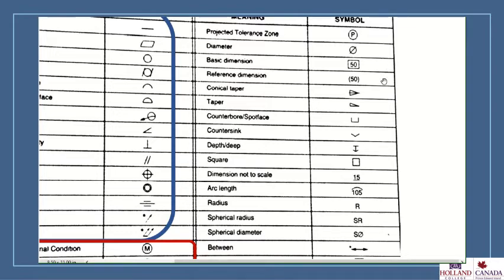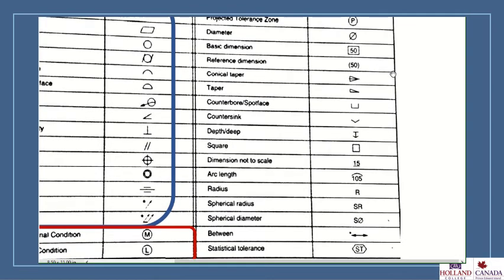A reference dimension, so you might have one dimension shown that's 20 millimeters and another dimension beside it is 30 millimeters. And up above it, they might put 50 millimeters inside of the brackets. So if a dimension is inside of those brackets, it means that it's for reference only.